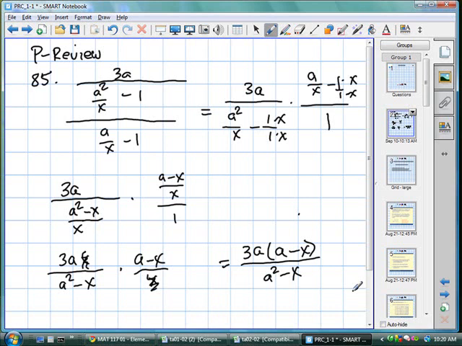Some of you may have gone ahead and bought your own, but if you don't have one, you're probably wondering, what is that? It goes through step by step the solutions to all the odd numbered problems. And since I generally assign odds, you can go there and see how you did. And instead of just having an answer, which sometimes is kind of hard to reconcile, now you can see step by step how they got there. It could be a valuable tool. That's the best I could come up with.